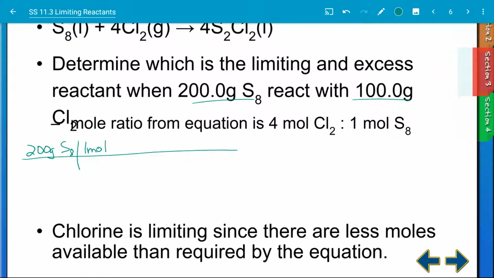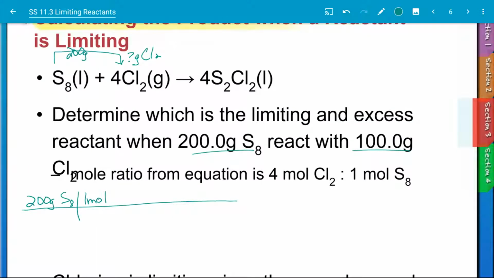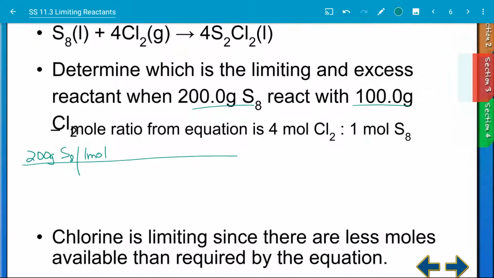So if I have 200 grams of sulfur, how many grams of chlorine will I need to react all of it? I'm going to go from grams of sulfur into moles of sulfur. Sulfur weighs 32.06, and in 1 mole of S8, I will have 8 moles of sulfur.